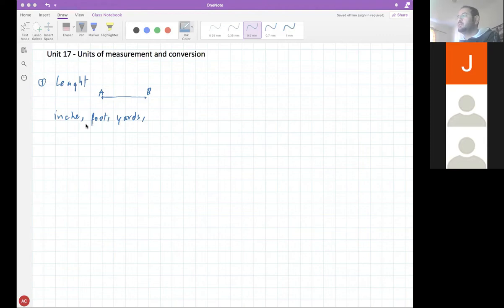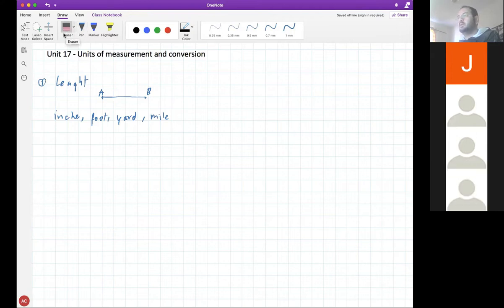It's too small, right? So what do we use to measure distances between, for example, two cities? Miles. Very good. So miles is a better one to use. So we have yard, foot, mile, and these are basically the main ones we use to measure length.